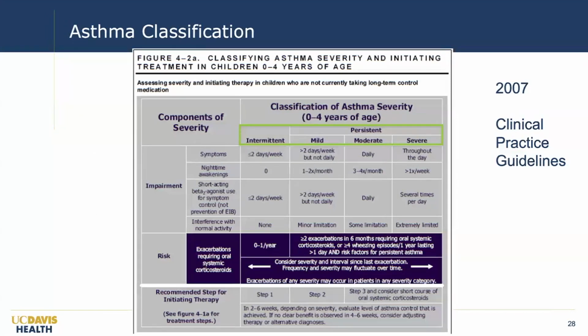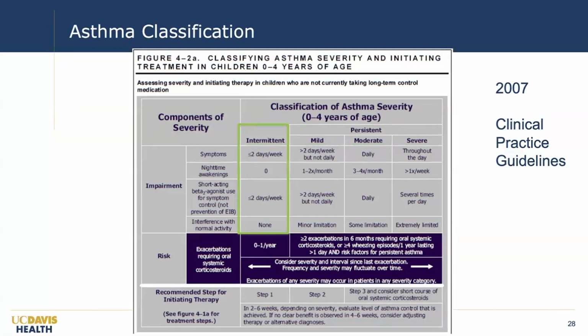And so going through that intermittent category, those patients have symptoms less than or equal to 2 days per week. They don't have nighttime awakenings with asthma symptoms. They're not having to use their albuterol more than 2 days per week.